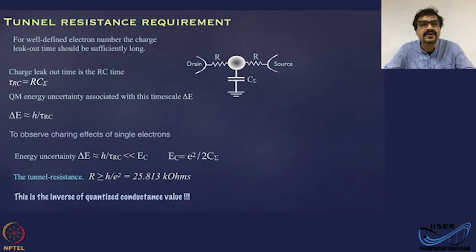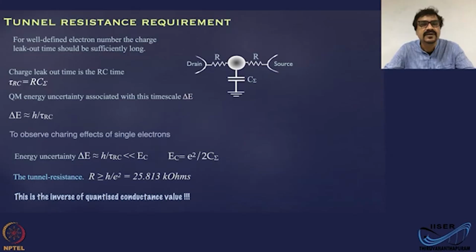It is connected to the source and drain regions through certain resistors. These transport barriers are actually resistors as far as electrical equipment is concerned. These resistors R and the C are going to give you an RC time constant for charge leakout.